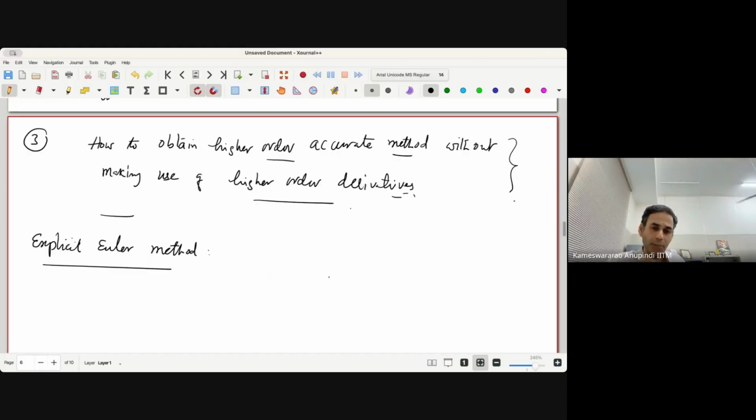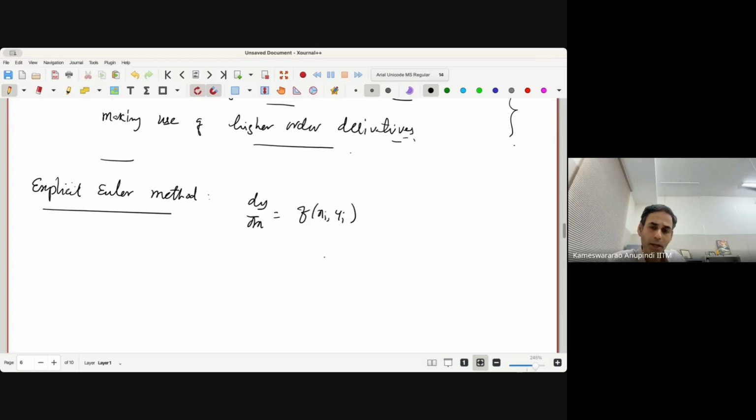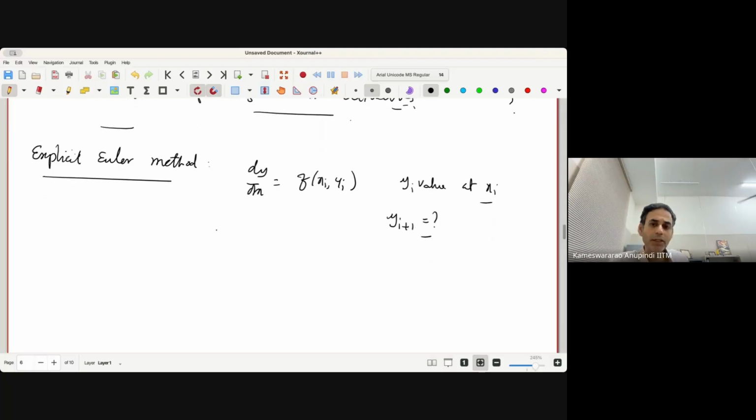In the explicit Euler method, we are given dy by dx equals f of xi, yi, and the value yi at xi, and we need to calculate yi plus 1, that is, y at x plus delta x, or x plus h.